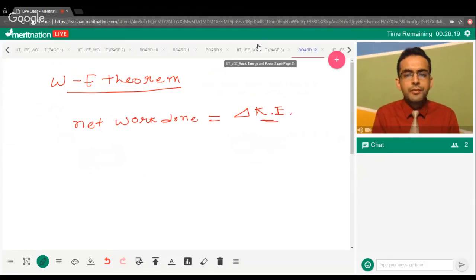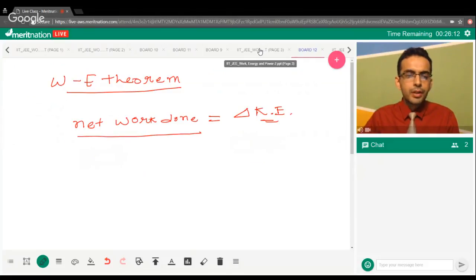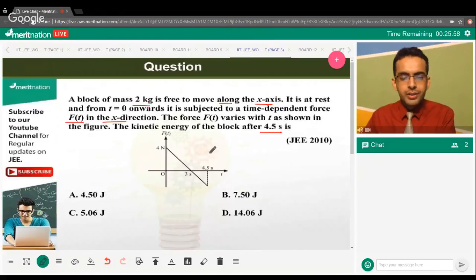So students, what do we have to do? By this, at least we have to find the net amount of work done. How can you find that? In this given graph, we are provided with force and time. We have learned in the chapter of force that the area of a force-time graph represents the change in momentum, right?